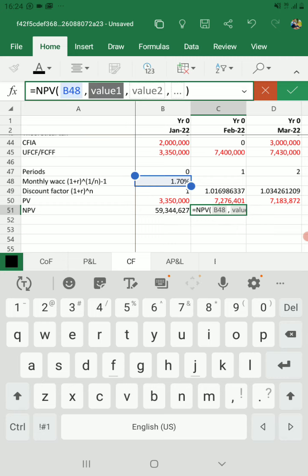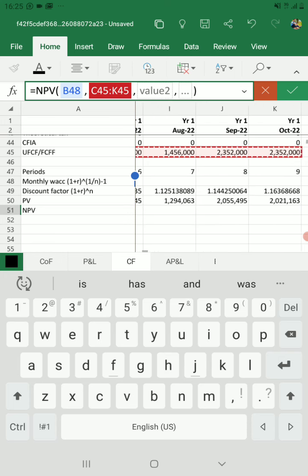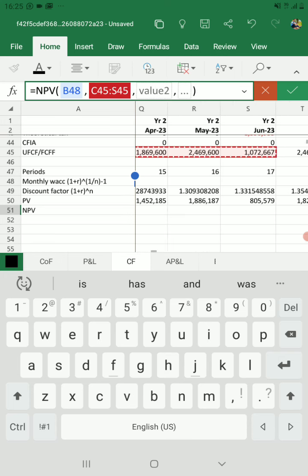The values now you start to take from period 1, not 0, okay, as I said earlier. So we take from here unlevered free cash flow from period 1 up to the end of projection period.